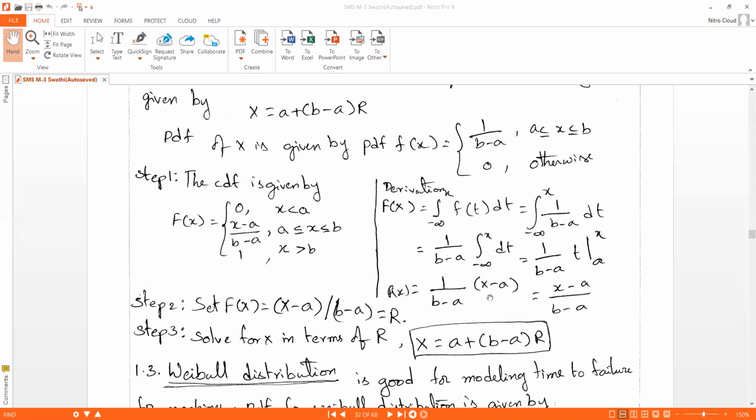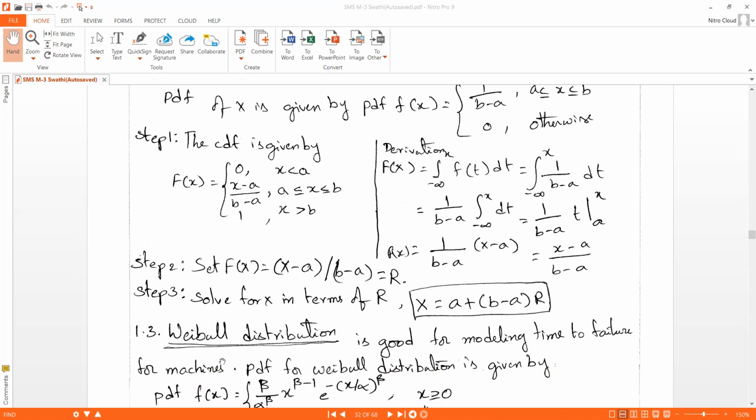So we get 1 by b minus a into integral of dt, which we can write as 1 by b minus a into t from a to x. This can be written like this: F of x equal to 1 by b minus a into x minus a. So after derivation, F of x is equal to x minus a divided by b minus a.